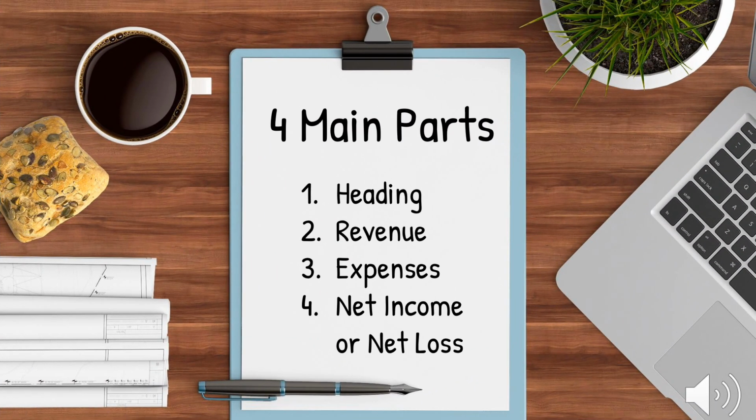What we're going to be looking at is how to construct a single step income statement, which is a very simple form of income statement. The income statement has four main parts. You need the heading, you need the revenue, you need the expenses, and then you're going to compute the net income or the net loss.